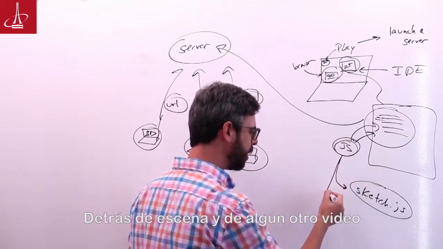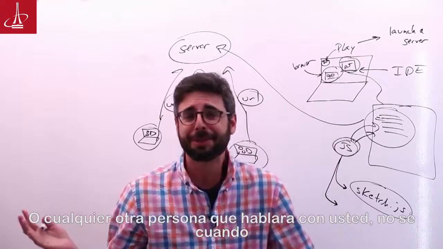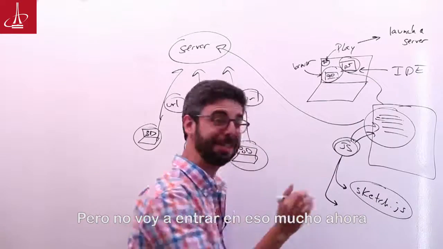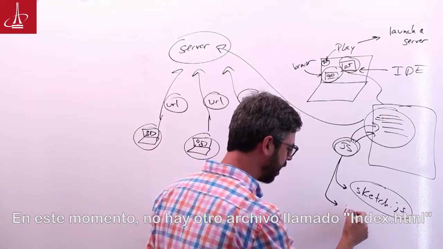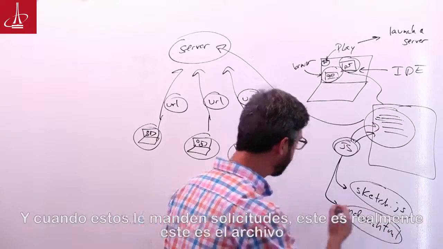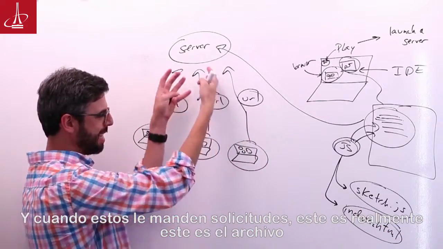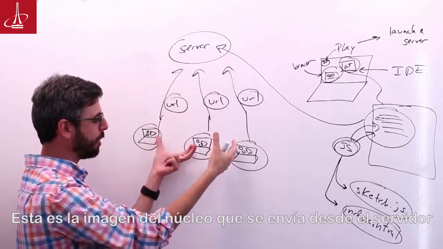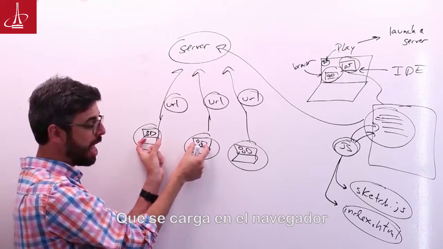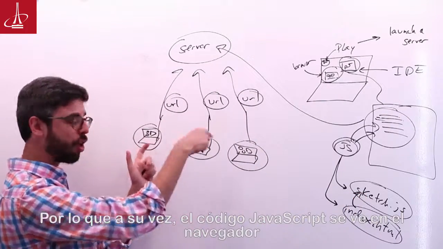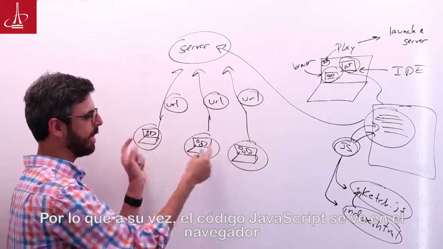Behind the scenes, and I'm not going to get into this too much right now, there is another file called index.html. When these requests are made, this is really the core file that gets sent back from the server and loaded into the browser, and this file refers to your JavaScript code. So in turn, your JavaScript code is seen in the browser.